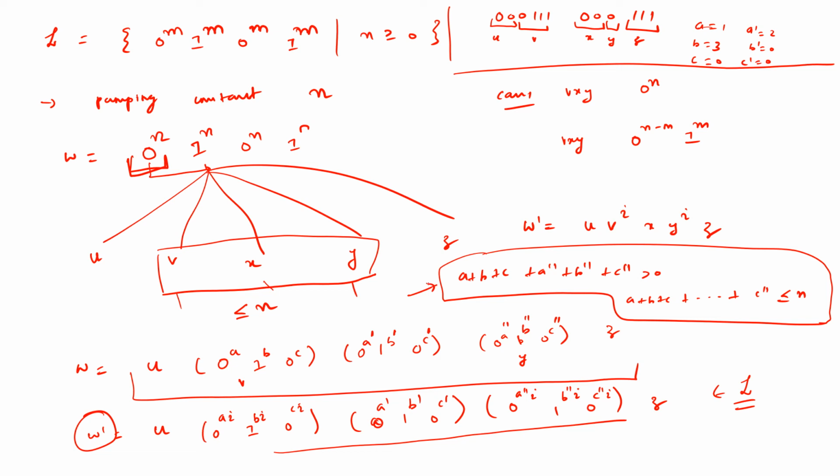Is there any doubt with the constraint here? Can you repeat one? So firstly, are you convinced that once you partition w, this is how the string will look like? There is no confusion there, right? Now we have to incorporate the pumping lemma constraints.